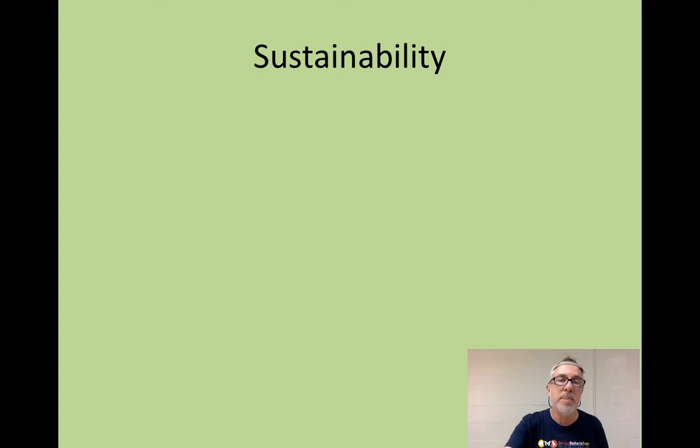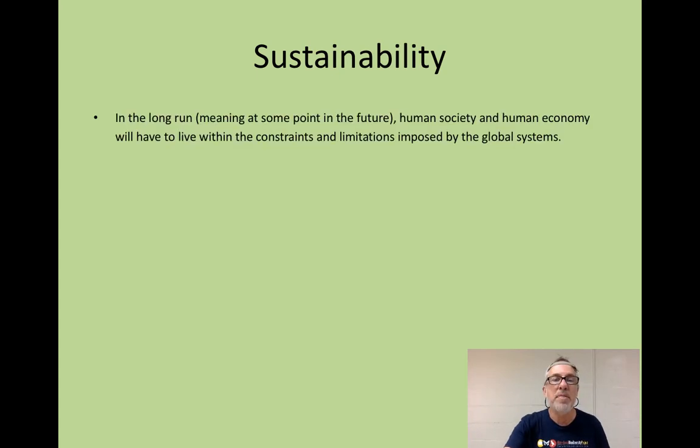So sustainability then, when we talk about that, the first thing we have to think about is in the long run, meaning at some point in the future, human society and human economy will have to live within the constraints and limitations imposed by global systems. Does that make sense to you?